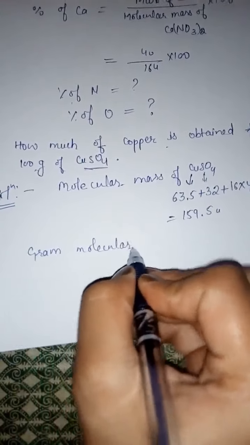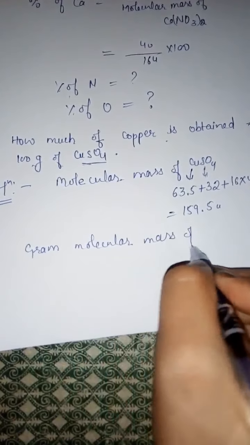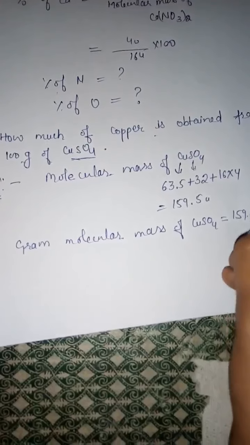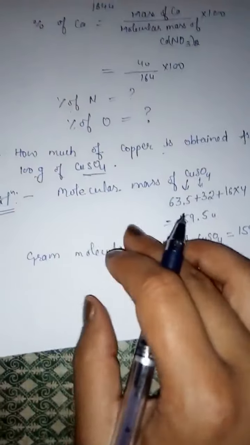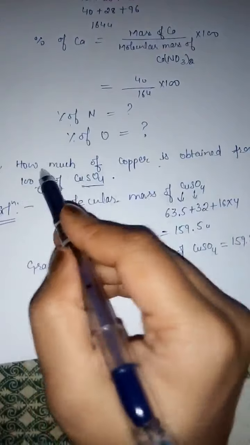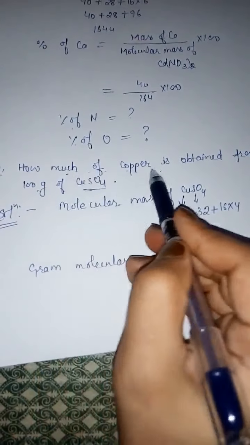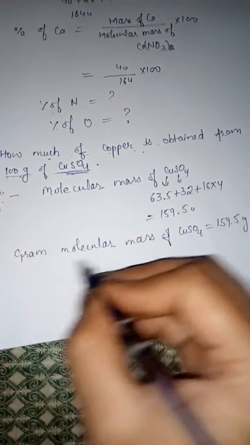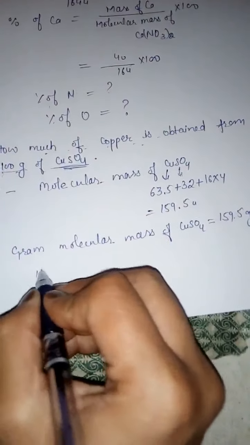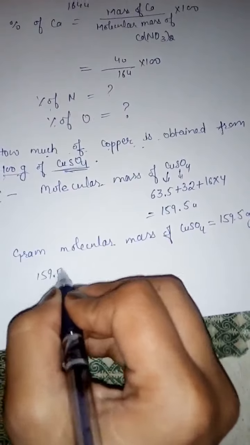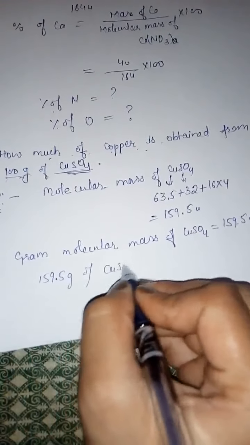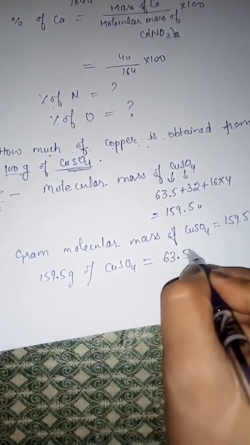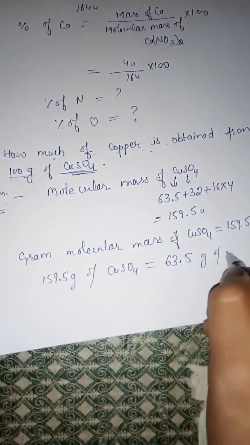So you can write gram molecular mass of copper sulfate is equal to 159.5 gram. But according to the question, we have to calculate how much copper is obtained from 100 gram of copper sulfate. Now, in 159.5 gram of copper sulfate, how much copper is there? 63.5 gram copper is present.